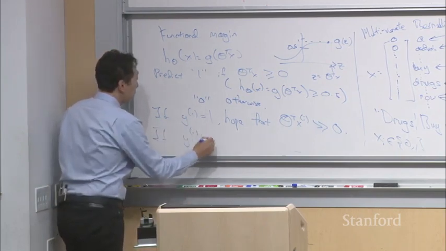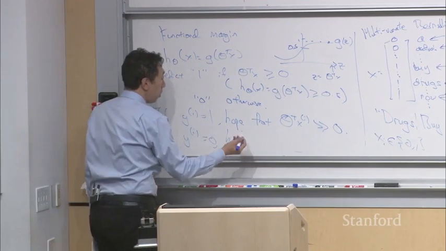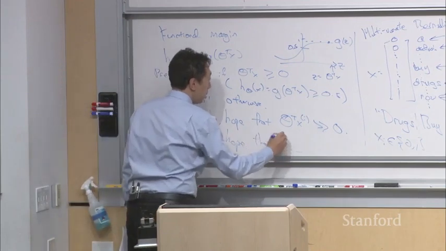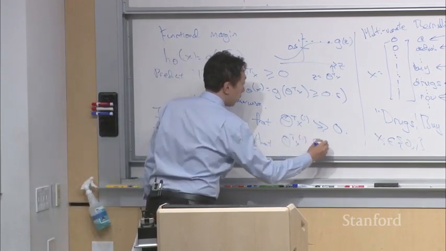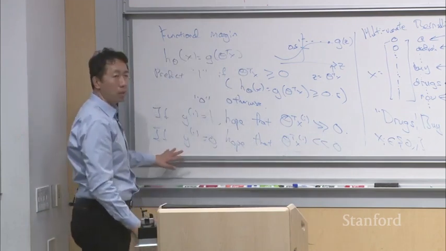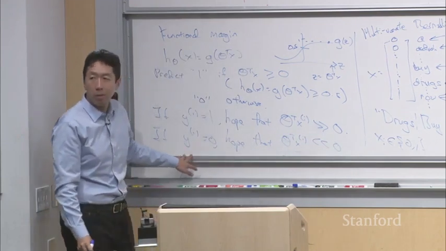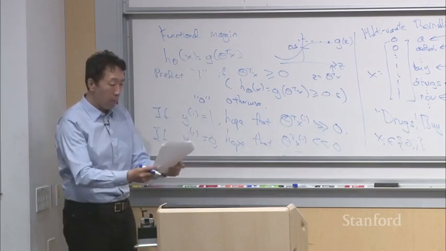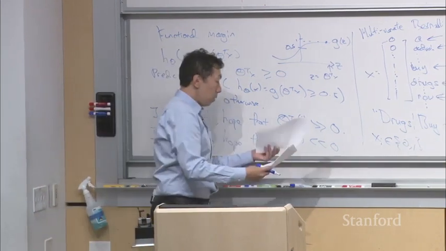And if yi is equal to 0, then what we hope is that theta transpose xi is much less than 0. Because if this is true, then the algorithm is doing very well on this example.